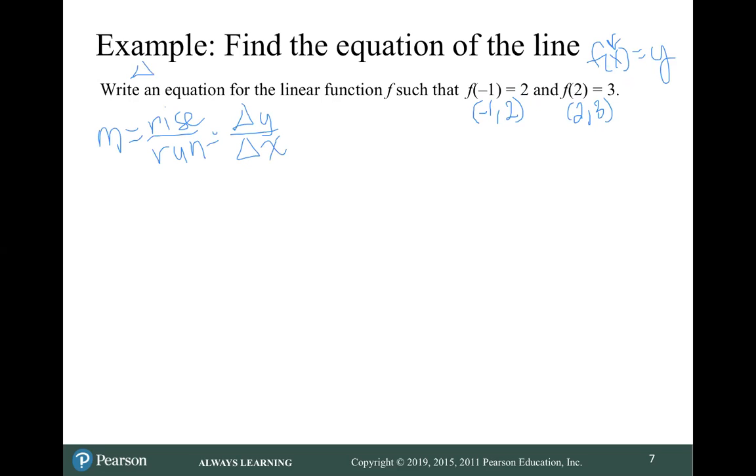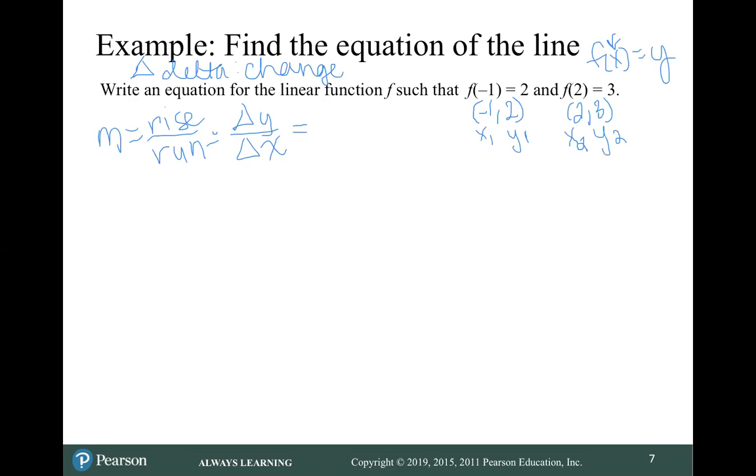It's a Greek letter, and it means change. So we're just looking at the difference in y values, y2 minus y1, and then our change in x, x2 minus x1. So if I call this point 1, this would be x1 and y1. If I call this point 2, that would be x2 and y2.